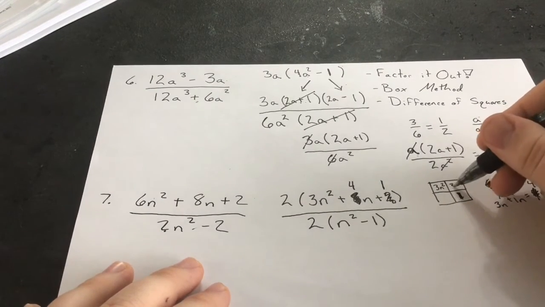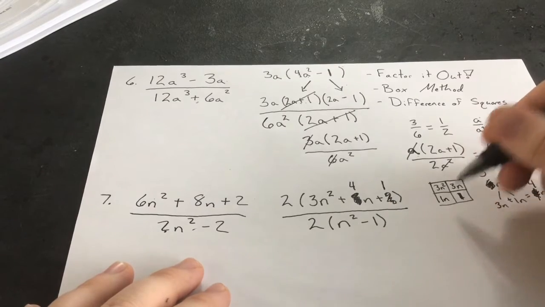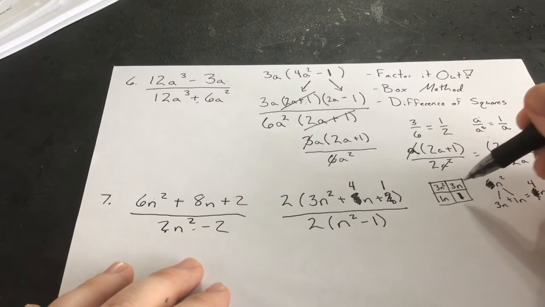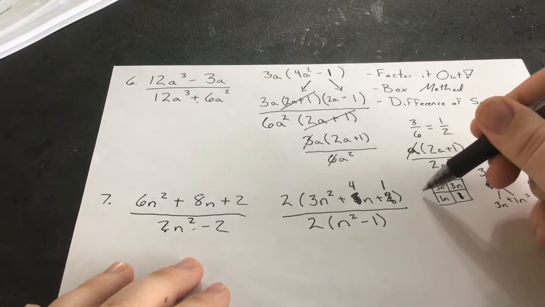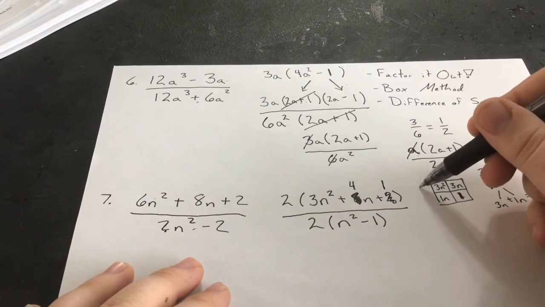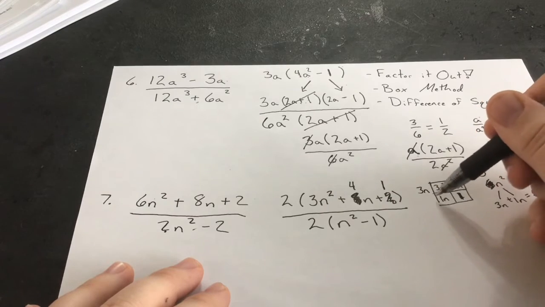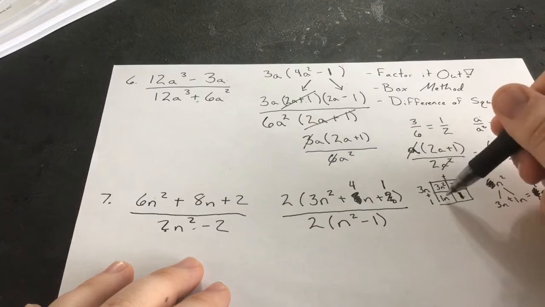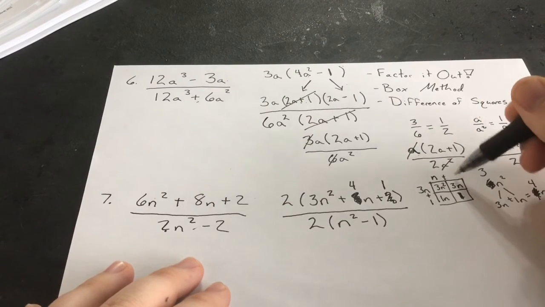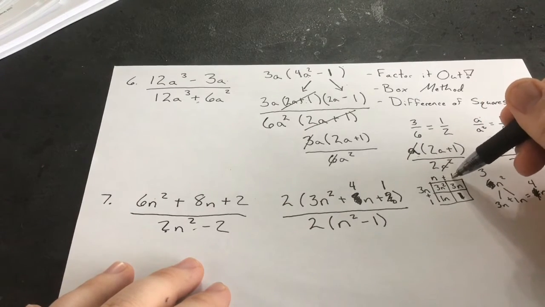We'll put those in our boxes: 3n, 1n, and then we'll see what they have in common. So we will take out the 3n that these have in common. That is a positive 1n, so that comes out, and then a 1. These have n in common, and these have 1 in common.